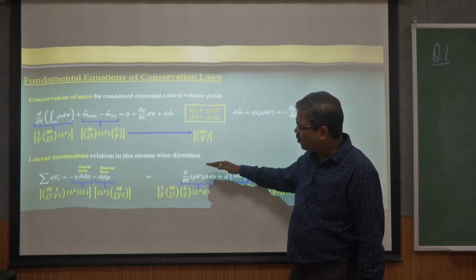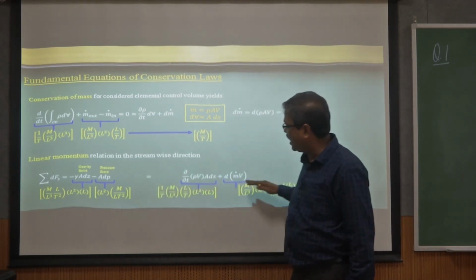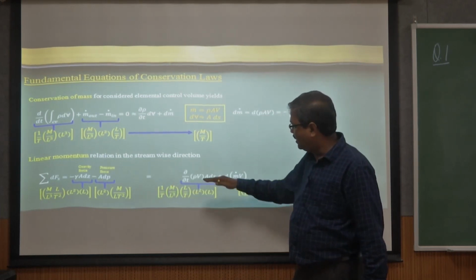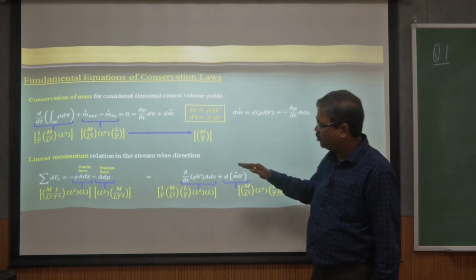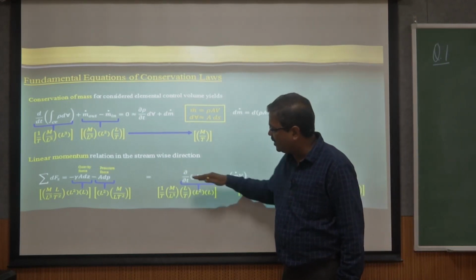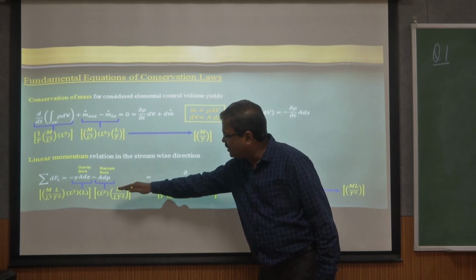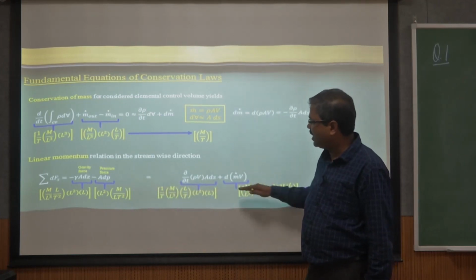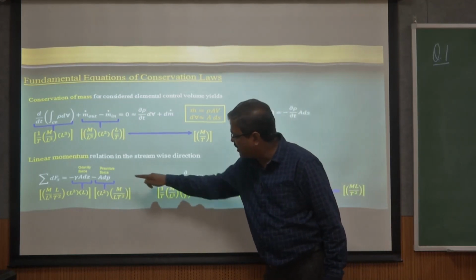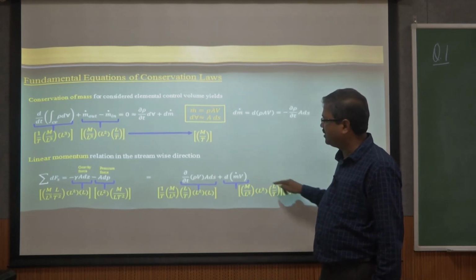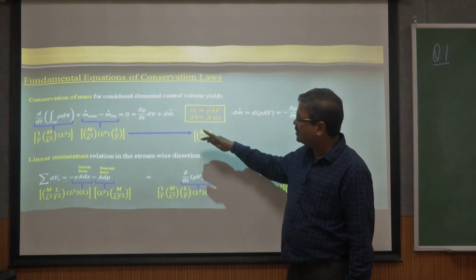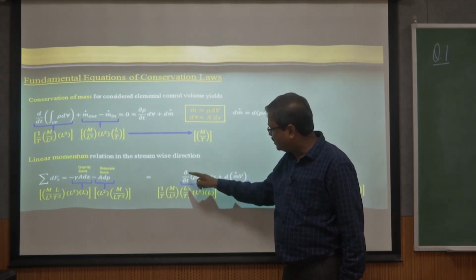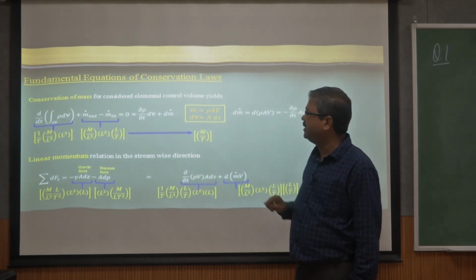Similarly, if you look at the momentum equation that we derived earlier, the expression will be like this. Whenever you write this type of big equation, try to write all the dimensions and check the dimensions of each component, whether they are equal, and from these dimensions you can understand what each component is indicating.